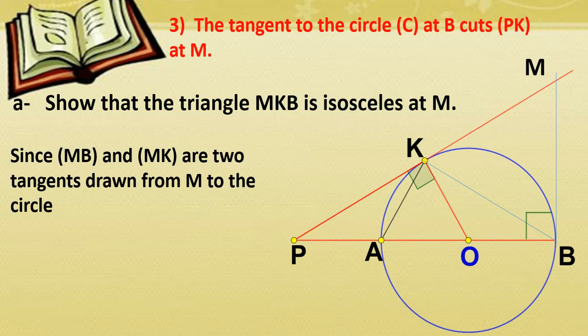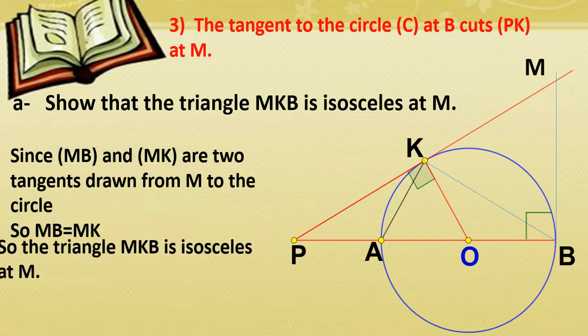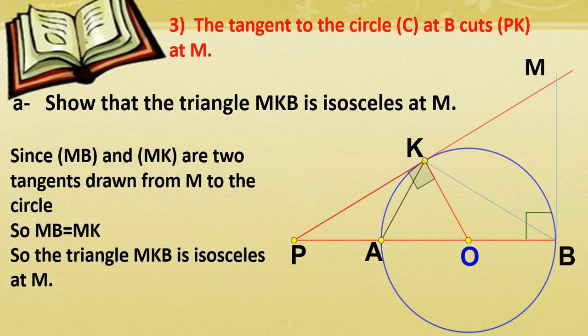Since MB and MK are two tangents drawn from M to the circle, MB is equal to MK, of course. So the triangle MKB is isosceles at M, because MK is equal to MB. Why is MK equal to MB? Because MK and MB are two tangents to the same circle.